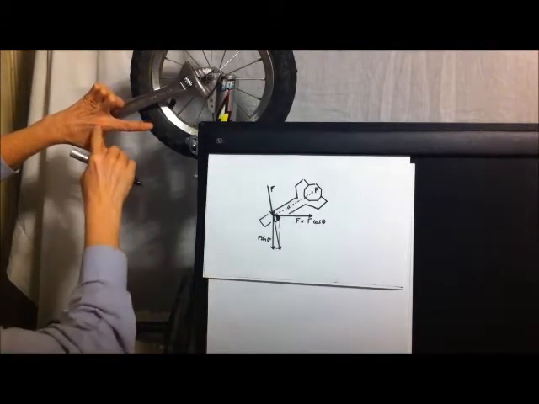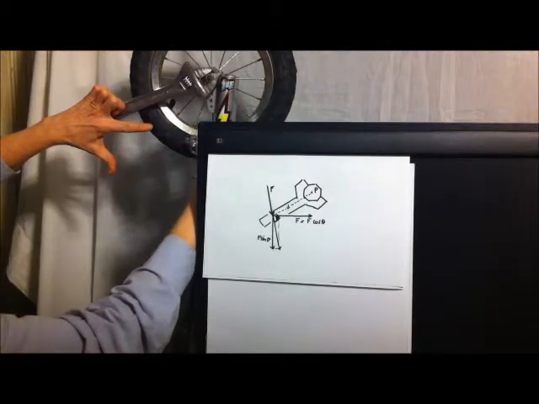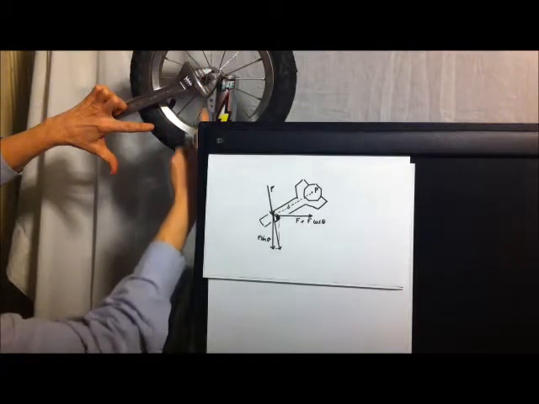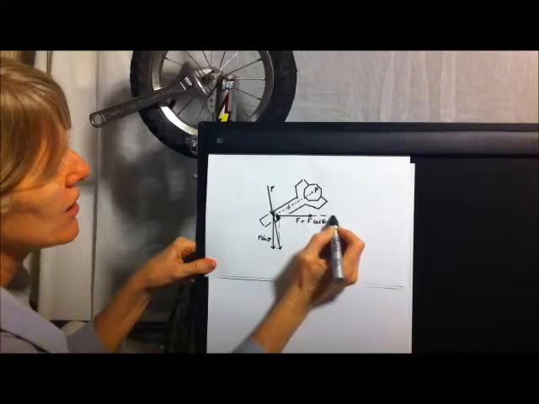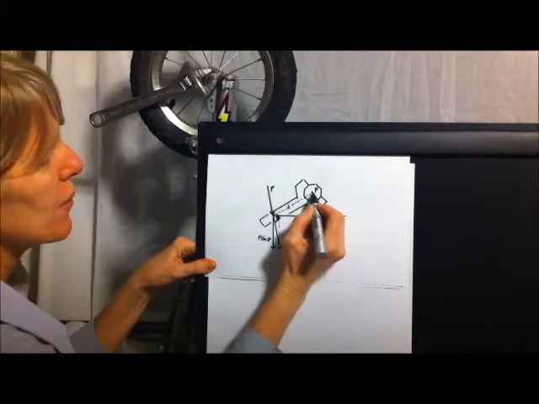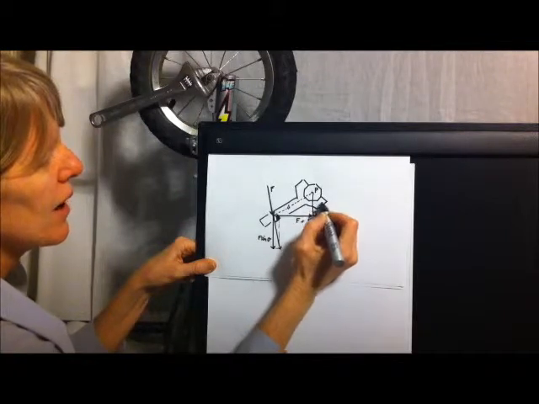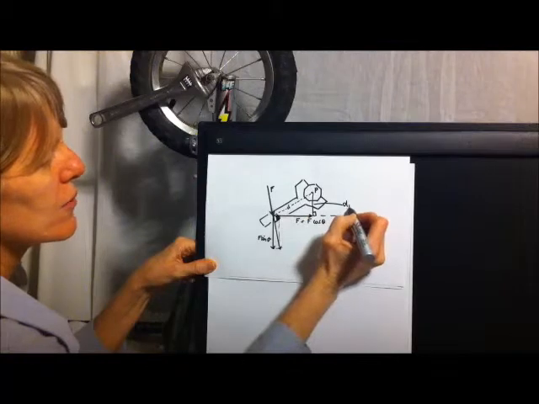Well, you can see here this horizontal component, if you take its line of action along, you can find a perpendicular line back to a pivot point. So here you take the line of action along and you find the perpendicular back to the pivot point, and that is the moment arm for the horizontal force.